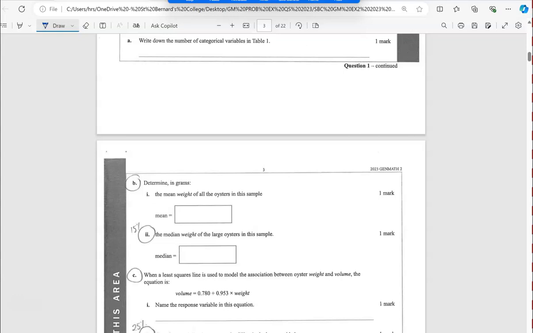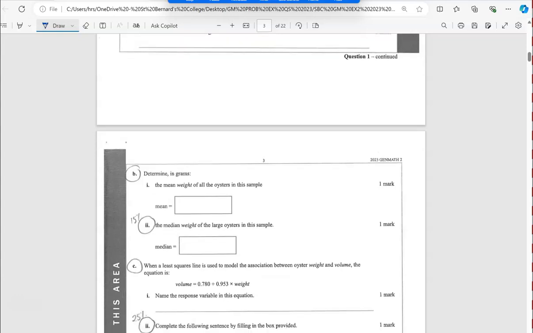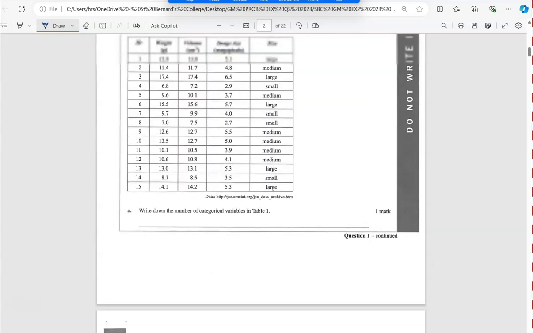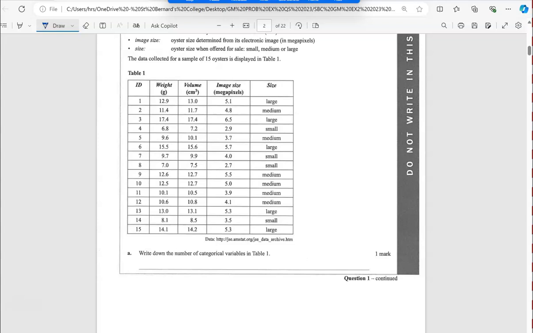All right, so the first one that we come across is down here. So here we've got 15%. It said the median weight of the large oysters. I think what happened is they just did the median weight of all the oysters. So what you had to do is go back and just get the large ones.